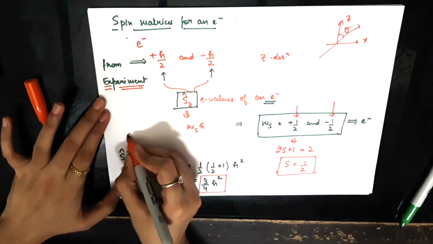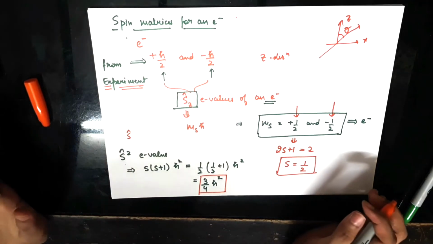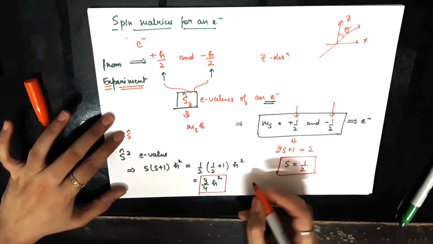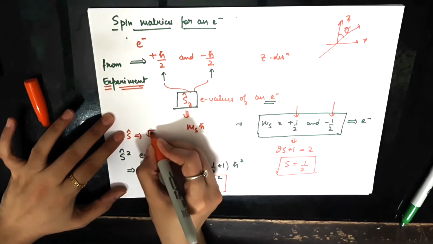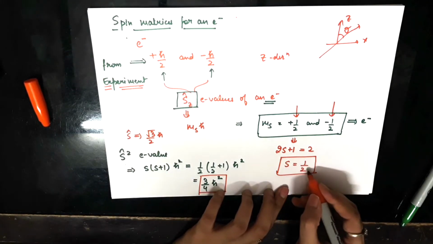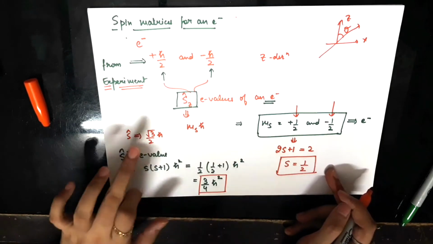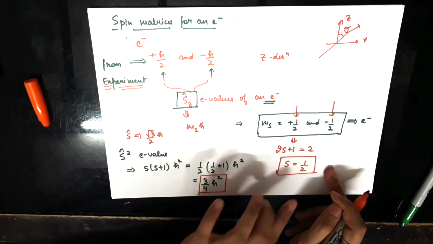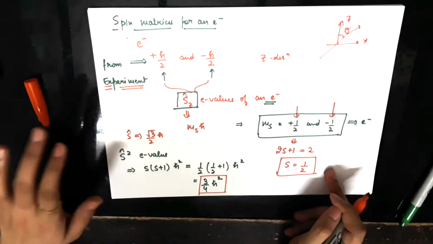If you are interested, then for the S operator, which is the total spin angular momentum operator, the eigenvalue is (√3/2)ħ, but this small s is half. So this small s is not exactly the eigenvalue of the total spin angular momentum operator, but it can be derived from that.